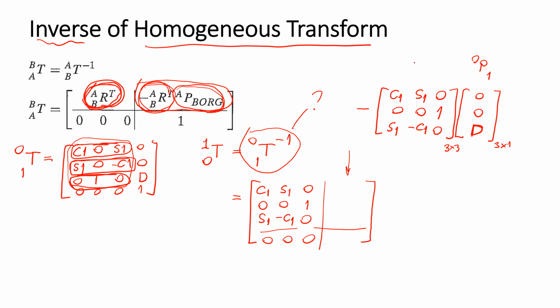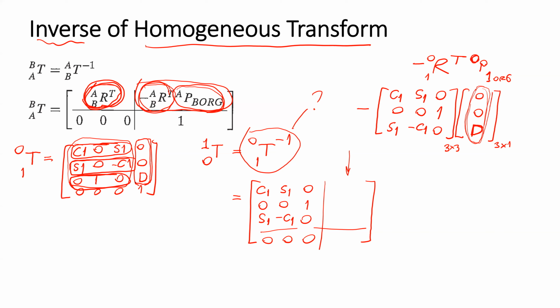This is minus the rotational matrix of 1 with respect to 0, transposed, multiplied by P of the frame 1 origin with respect to 0, and the position vector of the origin of frame 1 with respect to 0 is this component from the homogeneous transform.